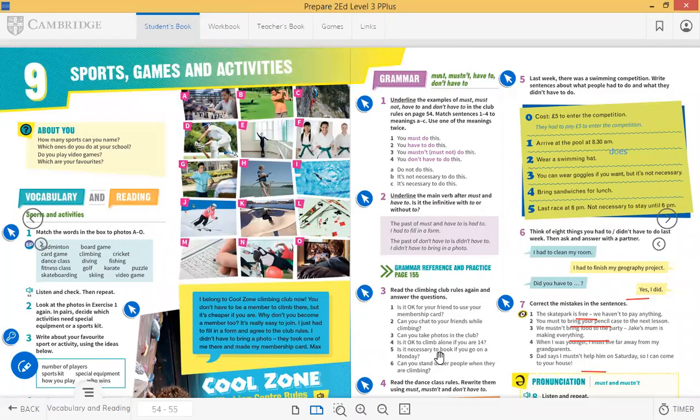Read exercise 3: read the climbing rules again and answer the questions. So you have to read again what the climbing rules are, and then according to this, answer the questions. Let's give approximately 3 or 4 minutes, and then let's answer these questions. I'll start asking some students. Okay, so 4 minutes.